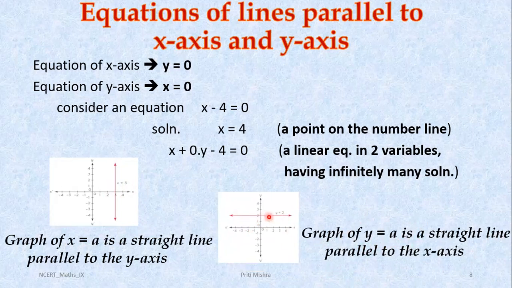See, y is equal to 2. This is a straight line which is parallel to the x-axis. So any line parallel to the x-axis will always be of the form y is equal to a, and any line parallel to the y-axis will always be of the form x equals a.